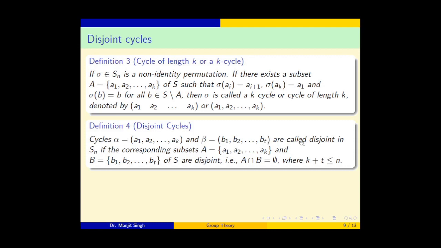So they are cycles, so they have corresponding sets of symbols. This A corresponds to alpha, B corresponds to beta. So alpha and beta will be disjoint if A and B are disjoint as sets. So if their corresponding sets are disjoint, then the cycles will be disjoint.